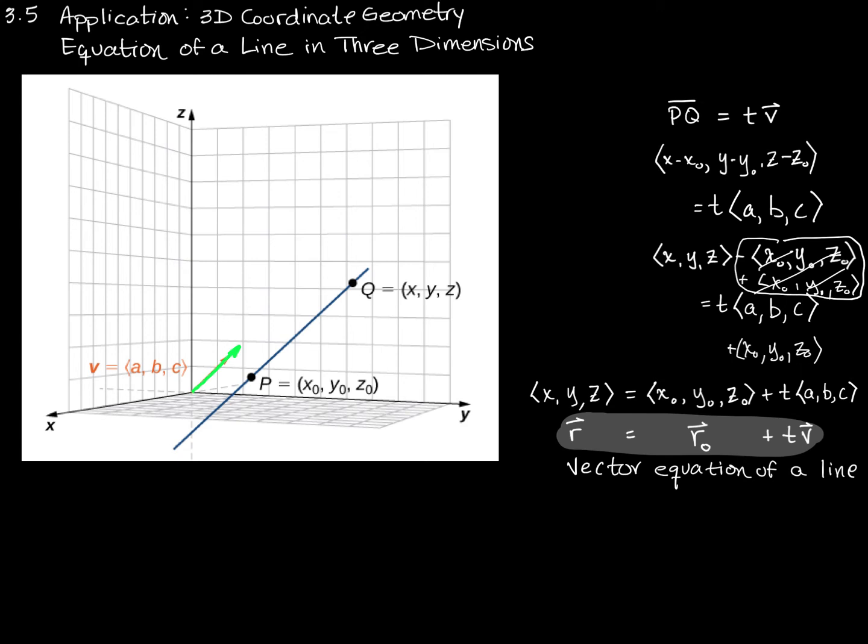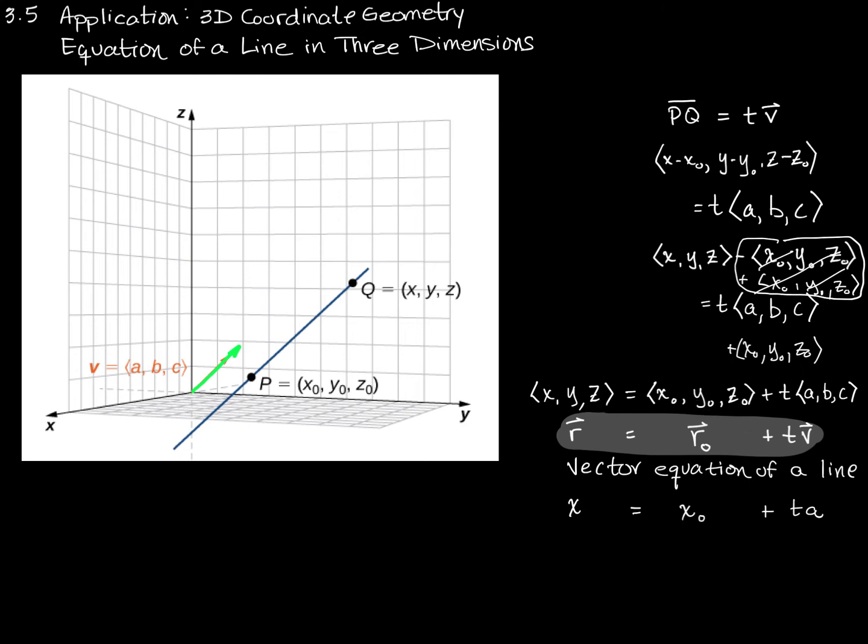So I have this series, I guess, of statements. x has to equal x naught plus t times a. But then the y components have to match as well, and the z components.